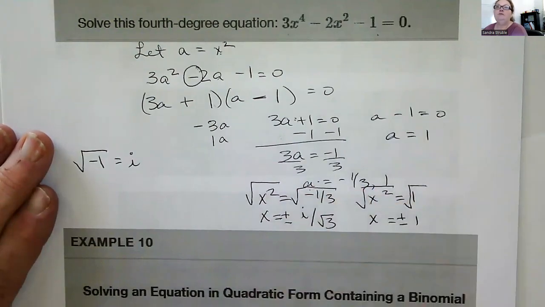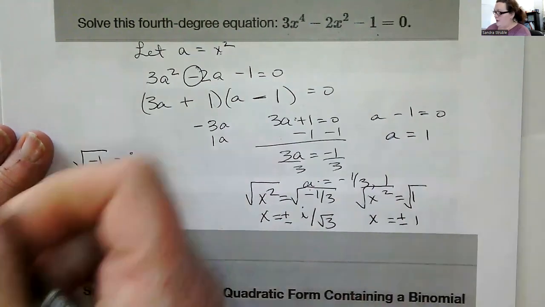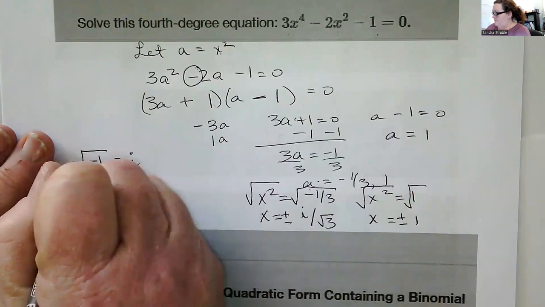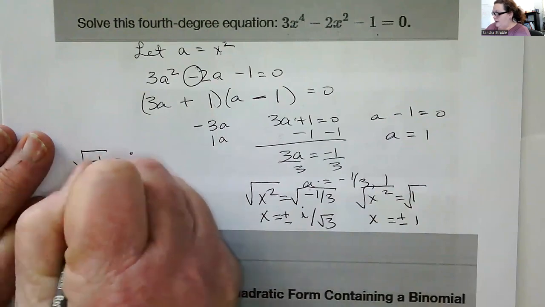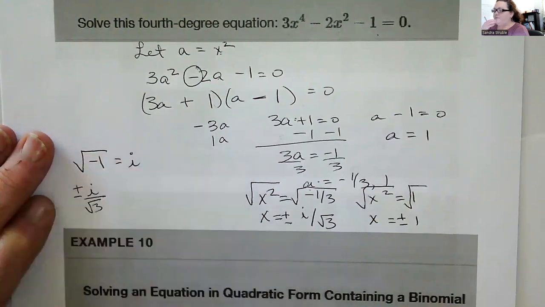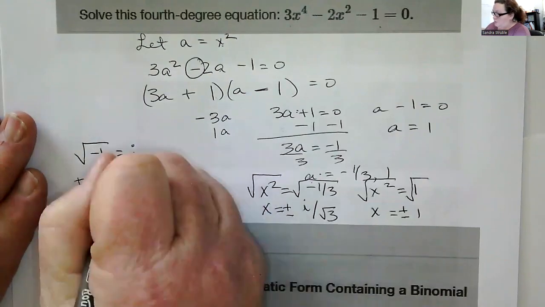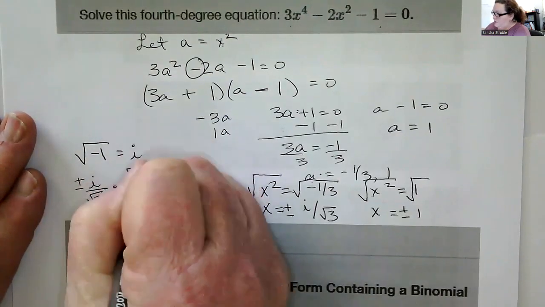We're still not done because you're not supposed to leave a radical in your denominator. You have to rationalize your denominator to where there's no radicals. So that square root has to come out. So let's come over here and do that real quick. We have plus or minus i divided by the square root of 3. Well, to rationalize, you just multiply by the square root of 3 over the square root of 3.